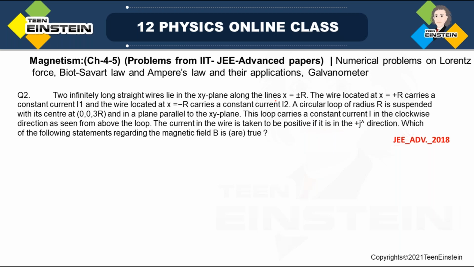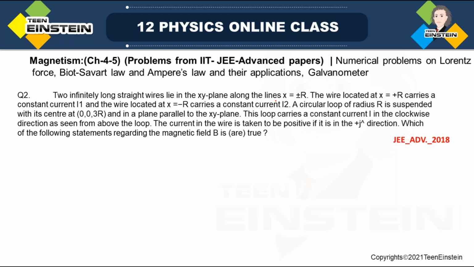Now the next option, let us see. The next option says if I1 is greater than 0 and I2 is less than 0, that means one is positive and the other is negative, then the magnetic field B can be equal to 0 at the origin, (0, 0, 0).